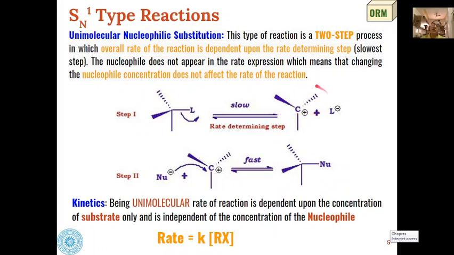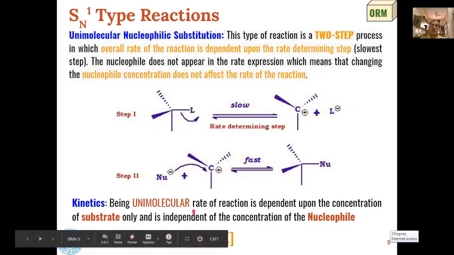And because in the first step, which is the slowest step and the rate determining step, we can see that only the substrate is involved, the nucleophile is not involved. Hence the rate of the reaction will be dependent on the concentration of only the substrate and will be independent of the concentration of the nucleophile.